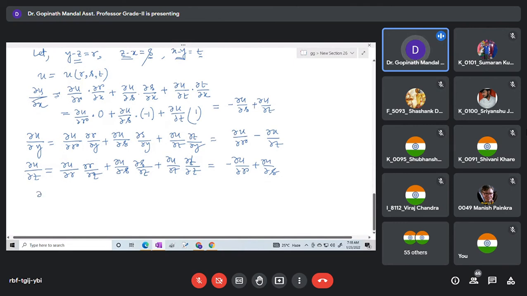Now add these three terms: minus ∂u/∂s plus ∂u/∂t, plus ∂u/∂r minus ∂u/∂t, minus ∂u/∂r plus ∂u/∂s. So this becomes 0.